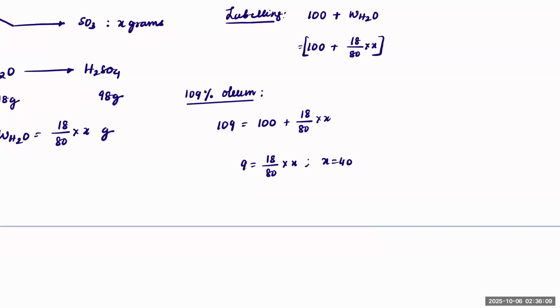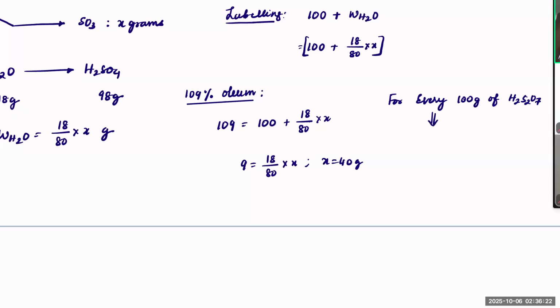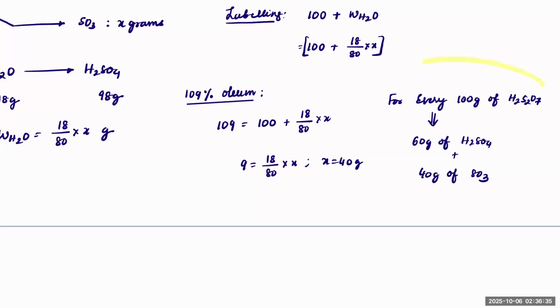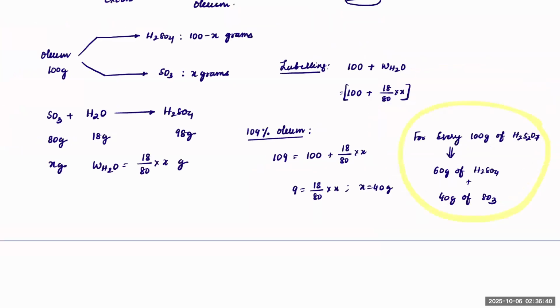Which means for every 100 grams of oleum, I have 60 grams of H2SO4 plus 40 grams of SO3. Originally, this is how much we have added when we manufacture in the industry. Clear, everybody?